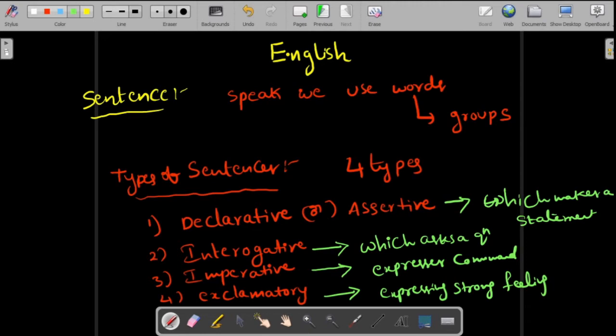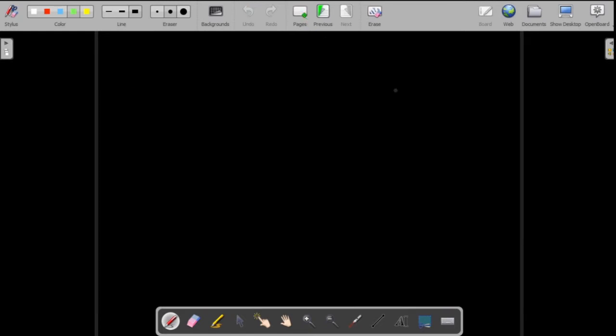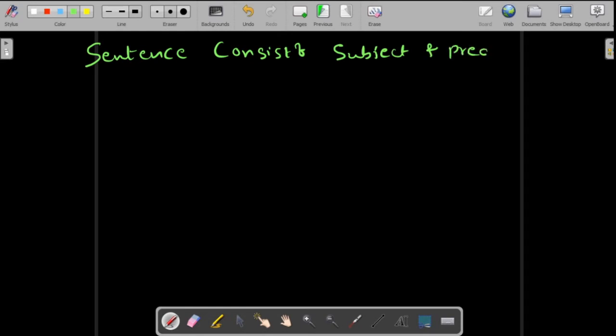Next, move to the concept, that is sentences consisting of subject and predicate. Each sentence consists of subject and predicate.